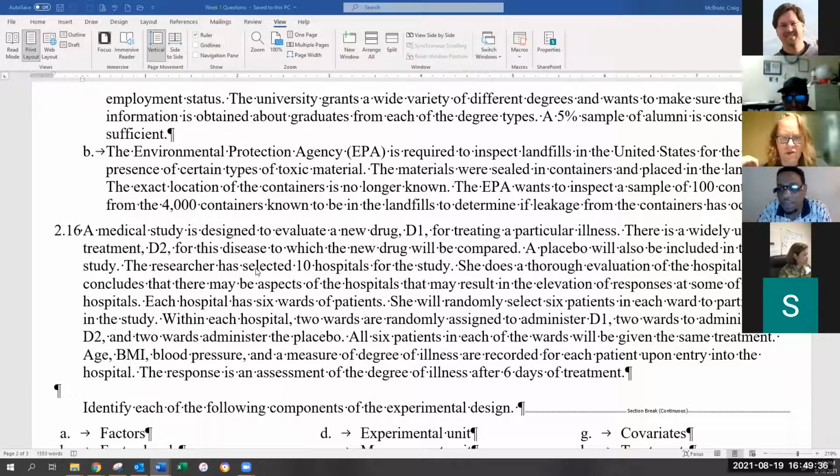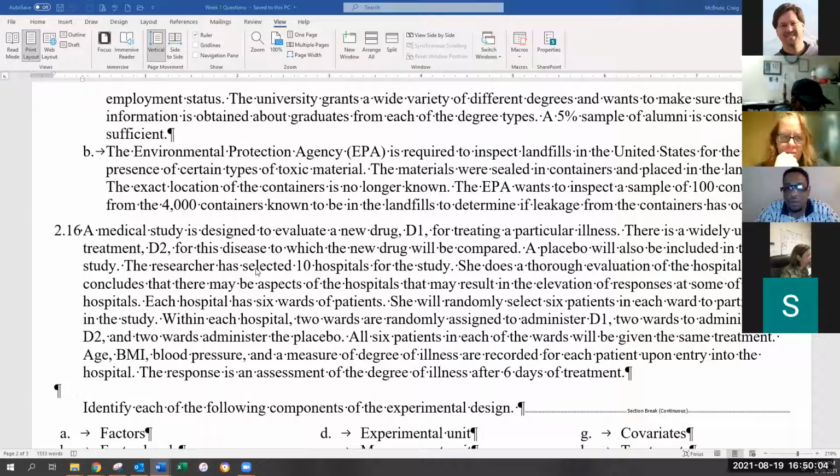Well, are they doing that? It says they selected 10 hospitals, 6 wards in each hospital, and all 6 patients in each of the wards will be given the same treatment. So within each hospital, 2 wards are randomly assigned to administer D1, 2 wards to administer D2, and 2 wards to administer the placebo.